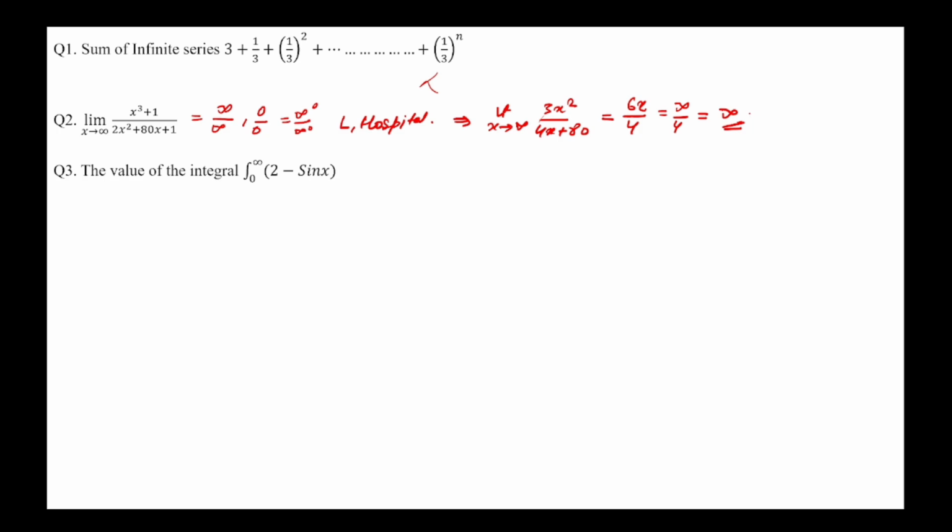The value of the integral from 0 to infinity of (2 minus sin x) dx. So it is 2 times infinity minus 0, minus the integral of sin x. The differentiation of sin x is cos x, and the differentiation of cos x is minus sin x.